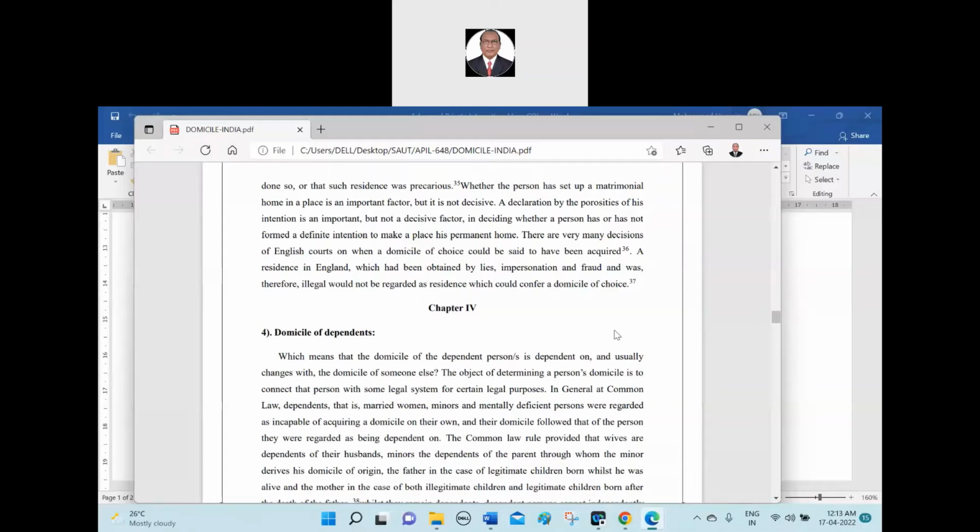If the child is mentally retarded, then what is the domicile? Parents, that is the father. I told you, when it is illegitimate, then automatically it is the mother. Legitimate, the father.